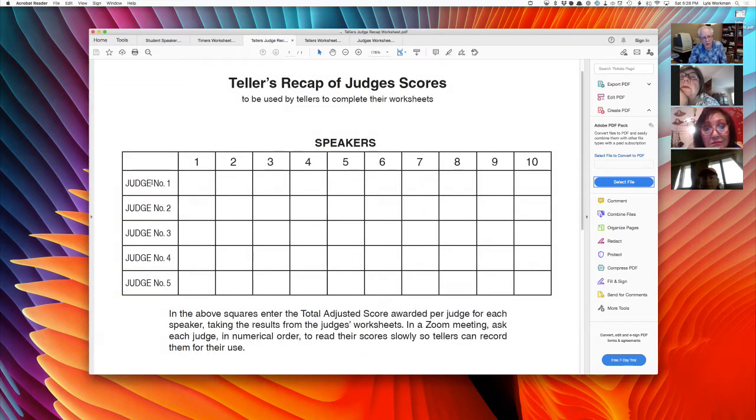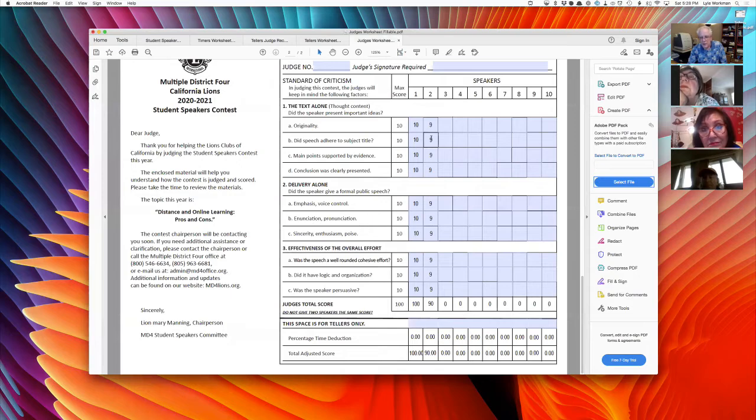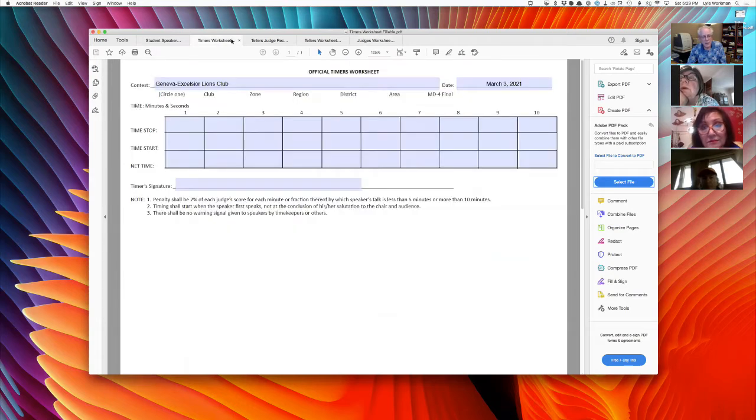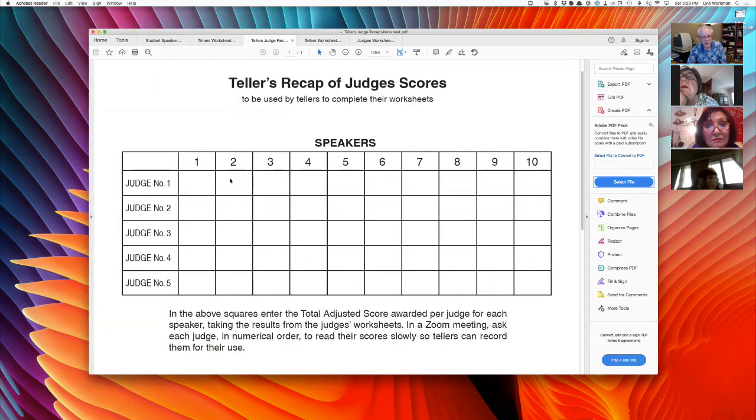Judge number 1, speaker number 2. Now say speaker number 3 gets all 8s. He ends up with 80. Got it? So on this sheet, for speaker number 3, 80 would go in here.